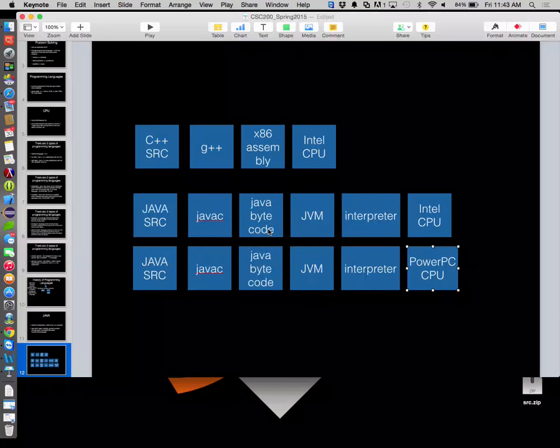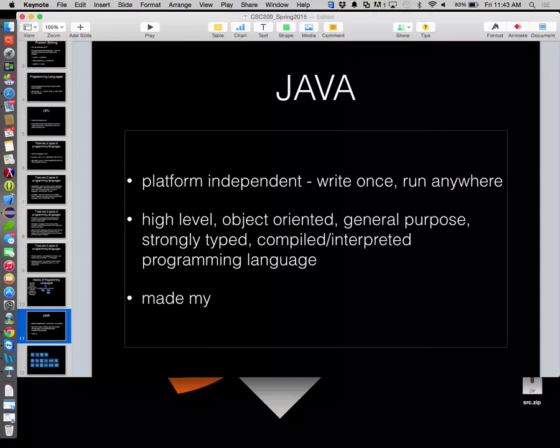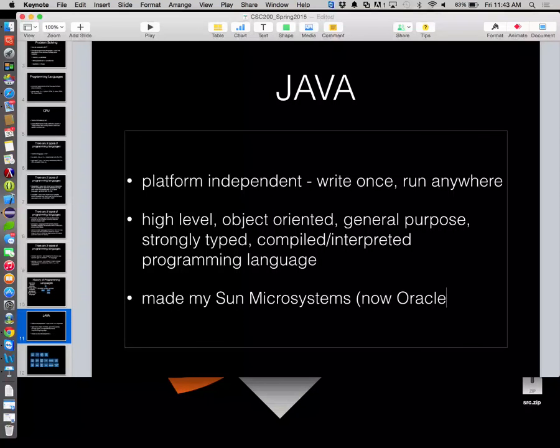So the makers of Java, who were Sun Microsystems, now Oracle. Oracle bought Sun Microsystems.